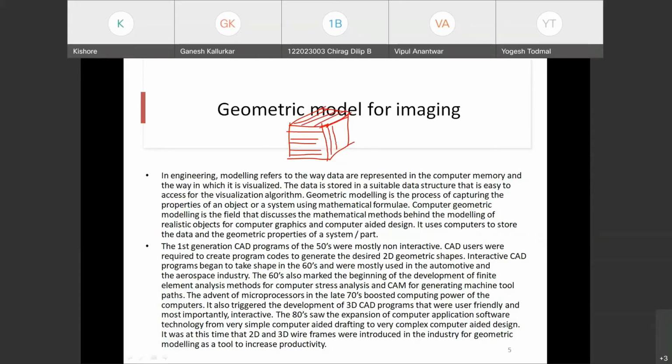These wireframes were used instead of surfaces, again because the space and the processing capacity were not available. Whenever there was a little bit of improvement, the wireframe came into the picture. And today also, there are a few applications of these wireframe models.